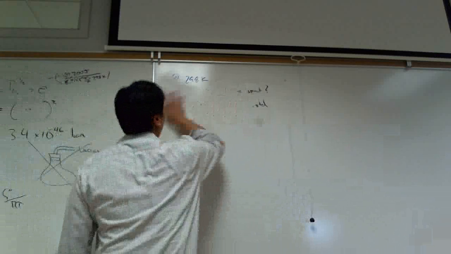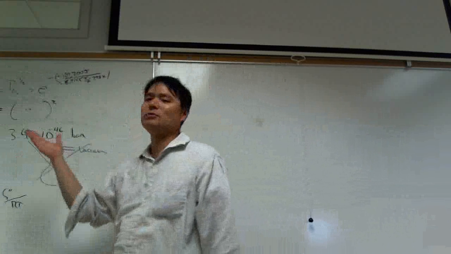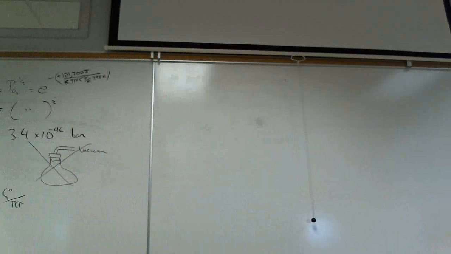Since this isn't going to happen at room temperature, maybe we don't have to buy an expensive furnace, like a platinum furnace. I've talked about this a bunch of times.